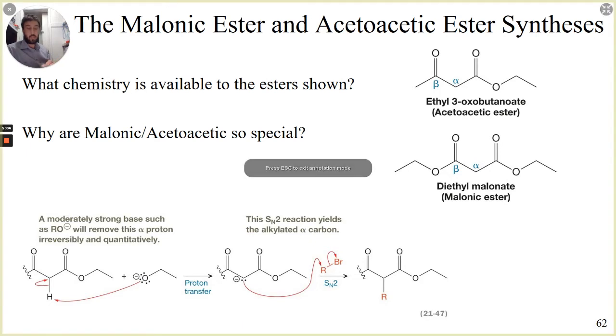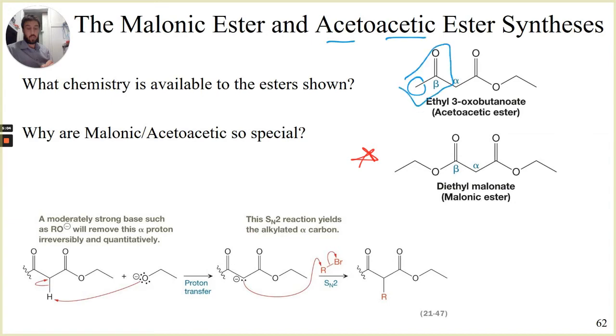So the malonic ester is that diester, the acetoacetic, here's our aceto, and here's our acetic. By linking those next to each other, that's where that name is coming from.